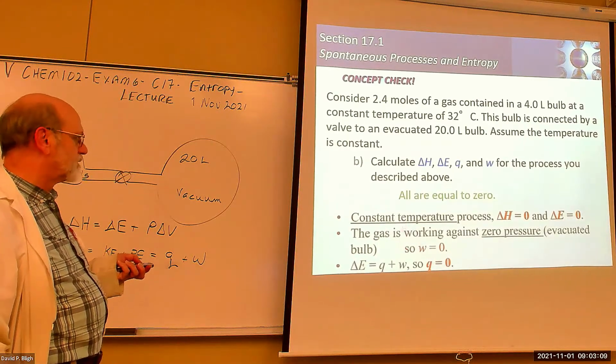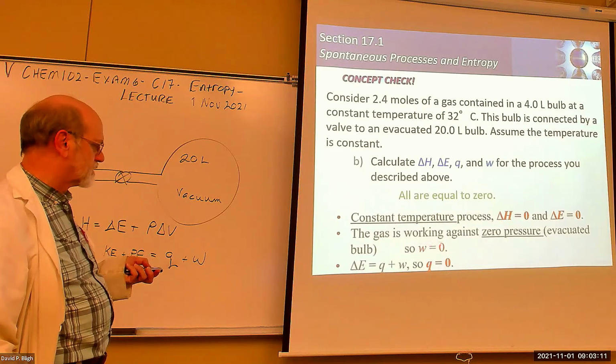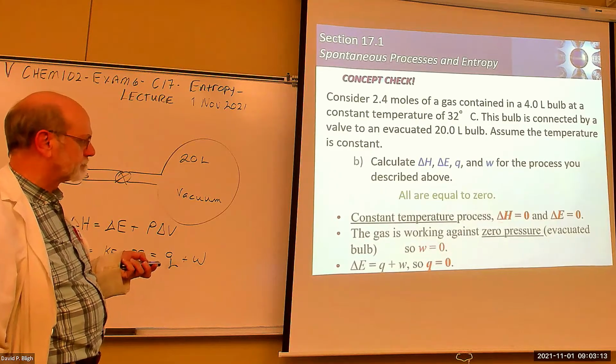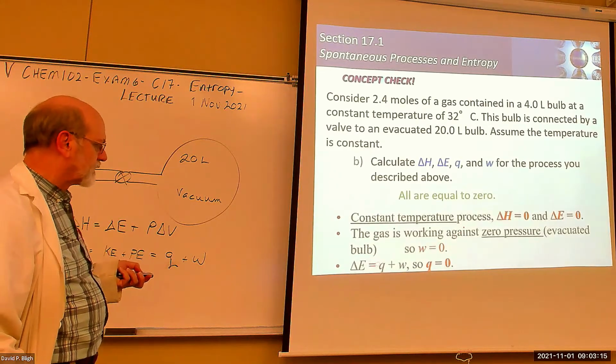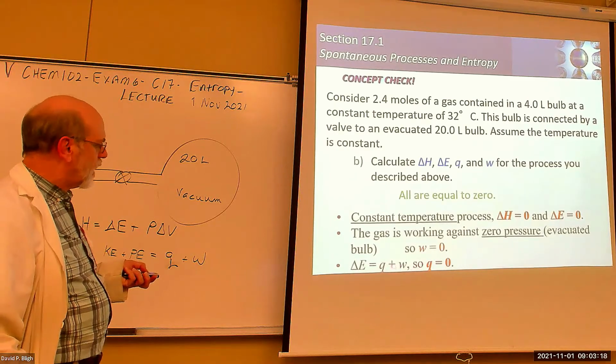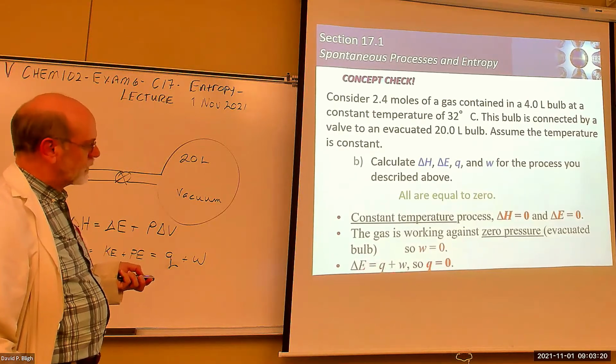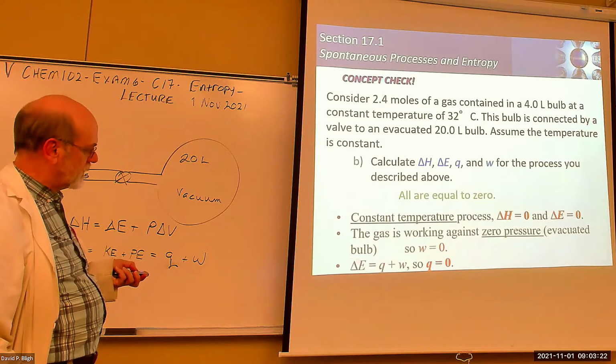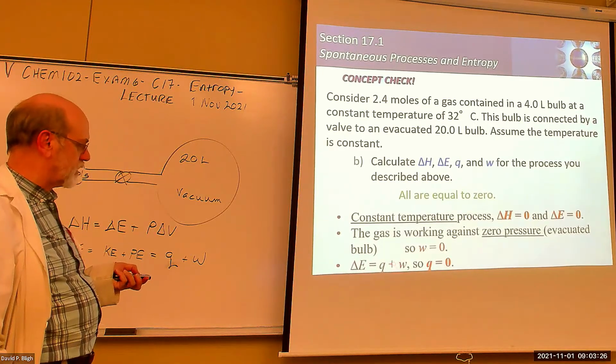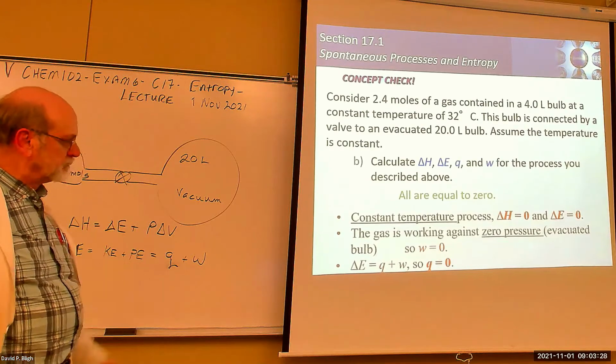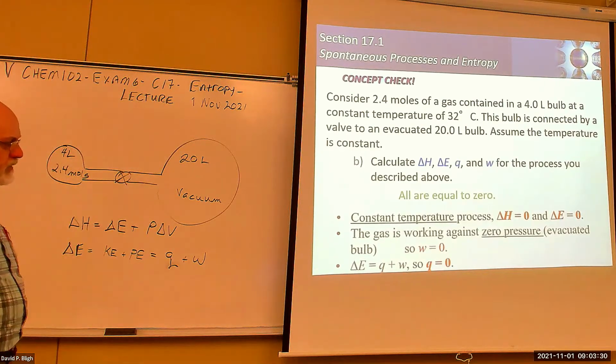Let's see, I didn't put Q in there. Q is 0 also. Yeah, it's at the bottom. We're deriving that Q is 0 here. If delta E is 0 and W is 0, then Q has to be 0. All right, so all those factors are 0.